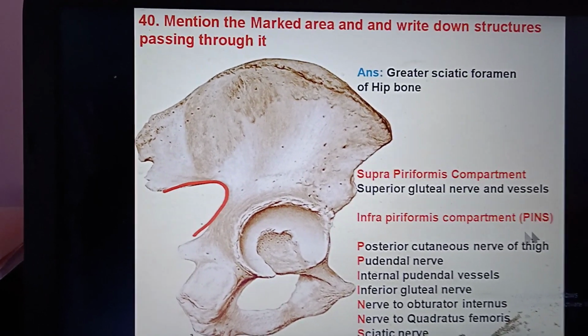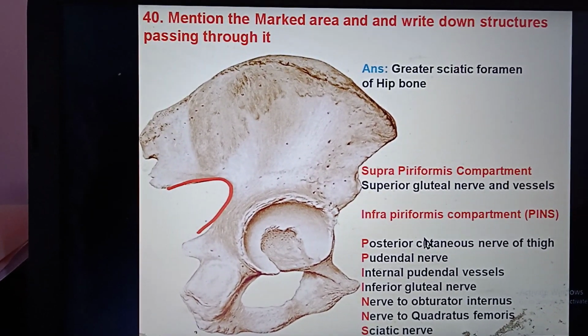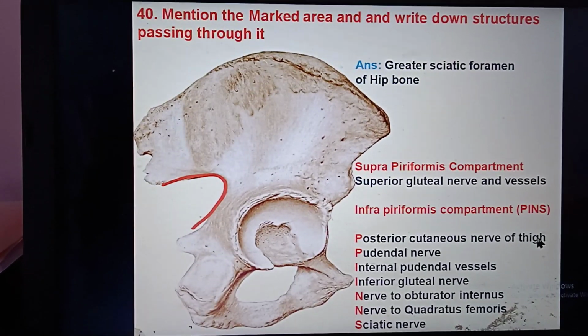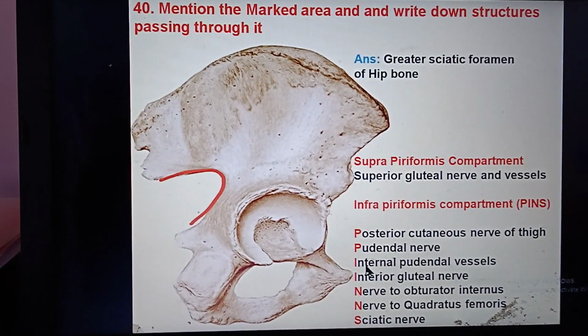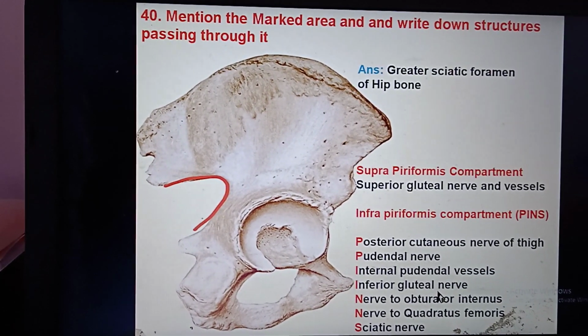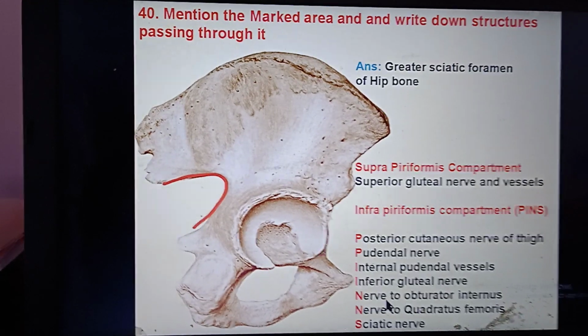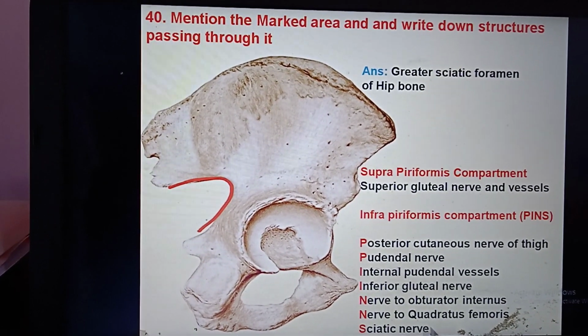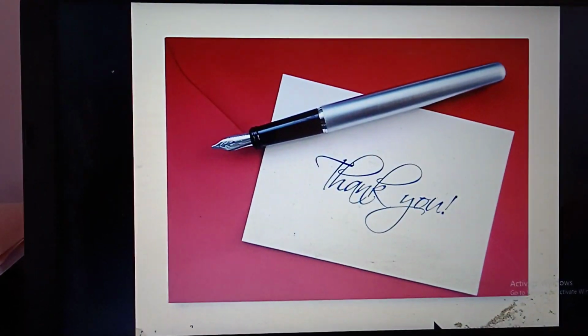Infrapiriformis gives way to the structures 2P, 2I, 2N, 1S: the posterior cutaneous nerve of the thigh, pudendal nerve, I for internal pudendal vessels and nerve, and inferior gluteal vessels and nerve, and the nerve to quadratus femoris and nerve to obturator internus, and S for sciatic nerve. Thank you.